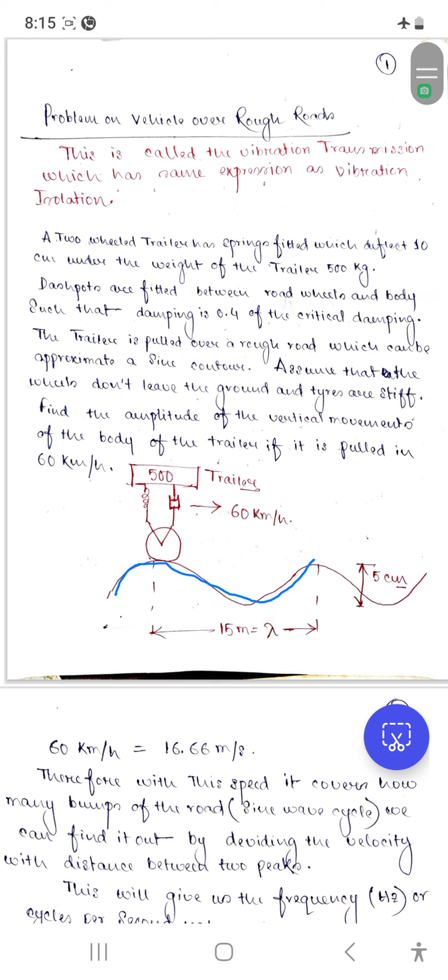Now the last line is: find the amplitude of the vehicle movements of the body of the trailer if it is pulled at 60 km per hour. So it is moving over this rough road at a velocity of 60 km per hour.